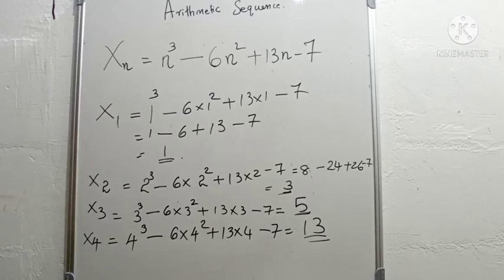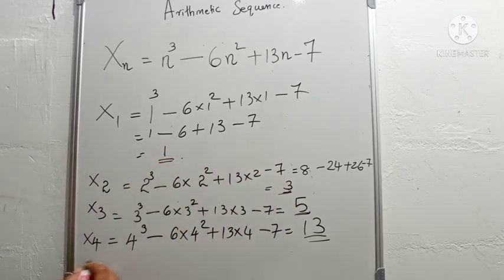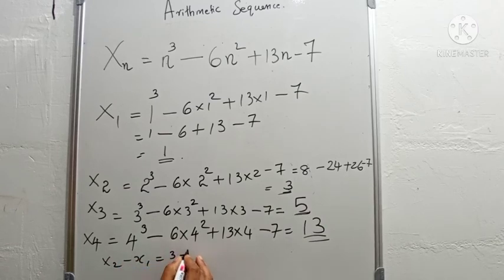So, is it an arithmetic sequence? In an arithmetic sequence, the difference between two consecutive terms will be equal. We have x2 minus x1 is equal to 3 minus 1 is equal to 2. And x3 minus x2 is equal to 5 minus 3 is equal to 2. That is correct, right?